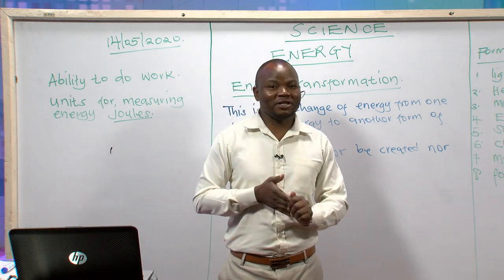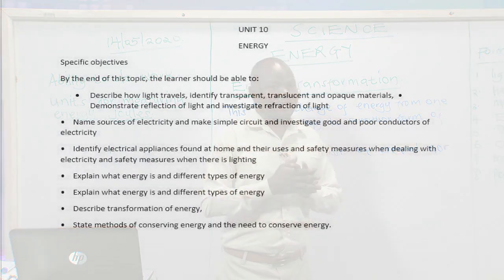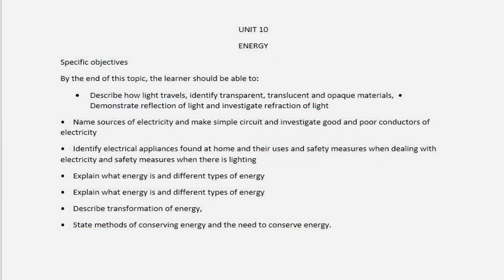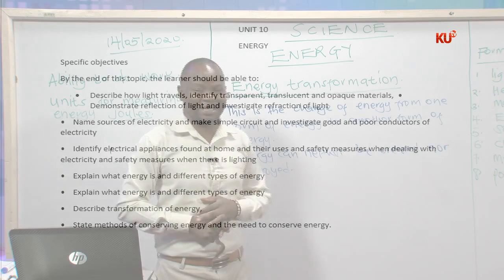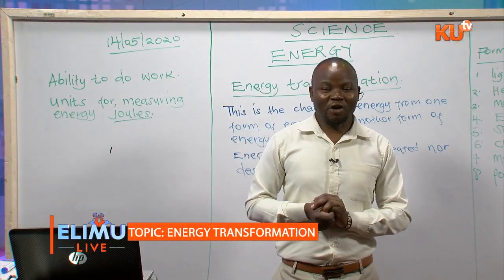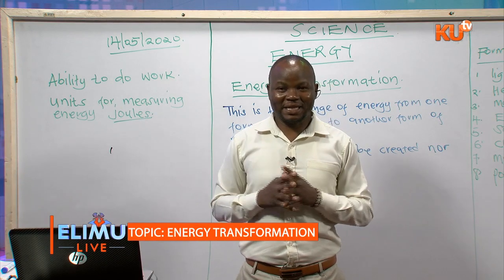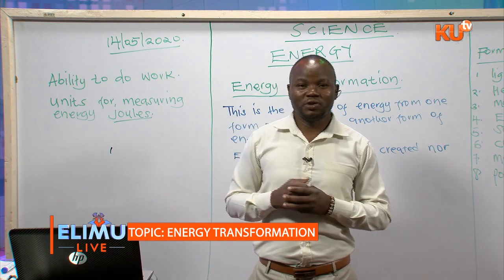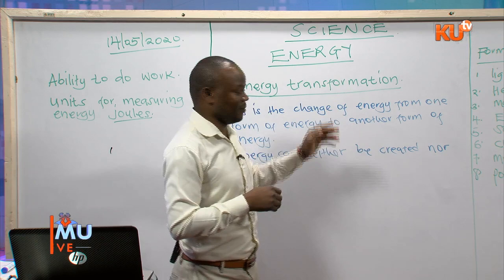So when we talk about light energy, it can be done in so many ways. But when you talk about the holistic arrangement of the forms of energy, energy cannot be destroyed nor be created. You cannot create energy. You cannot destroy energy. And I hope by understanding that, you can get this topic well.